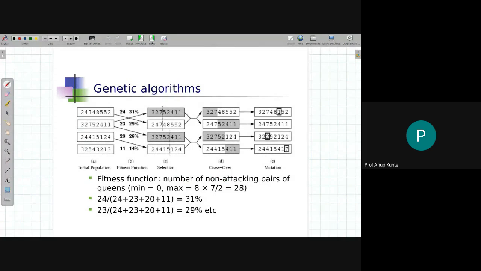Then we'll talk about genetic algorithms, which take inspiration from the biological way of natural selection and try to do optimization using it. This is also an improvement over the hill climbing algorithm.